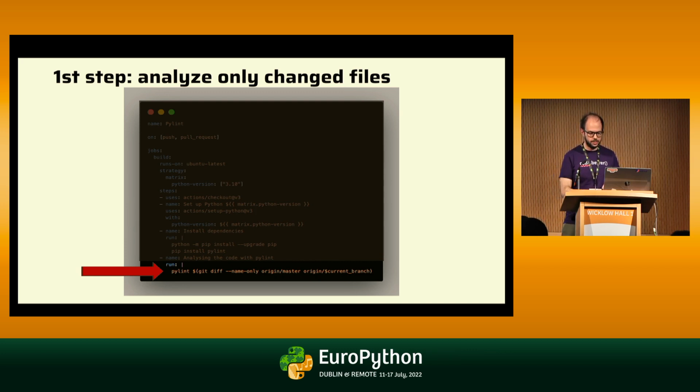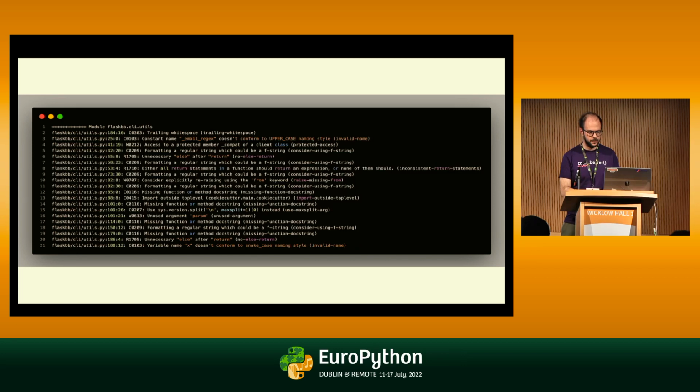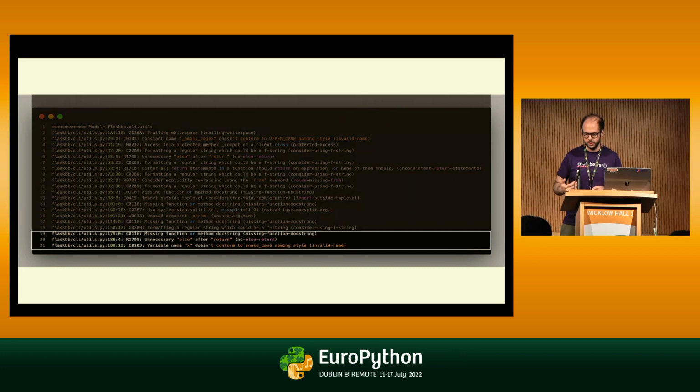If you do that, at the next analysis we're going to have this, which I think is already better. You see that we only see the FlashBB CLI utils module, and it's easier to spot the new messages that are relevant to my code, the same 3 that you saw before.